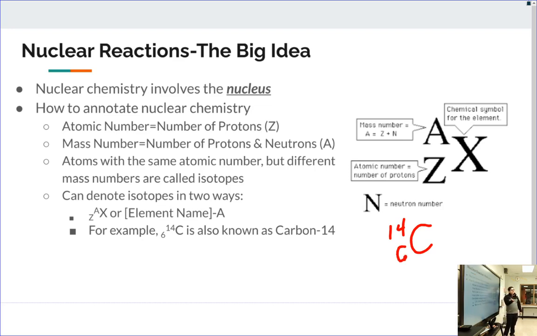However, this is very difficult to put in Schoology because you have 2 numbers stacked on top of each other. It's a big old headache. So instead, we're going to annotate it the other way, which is C-14. Both of these say the same thing. 14 being your mass. You know what carbon is, so you can find out how many protons it has by using your periodic table.